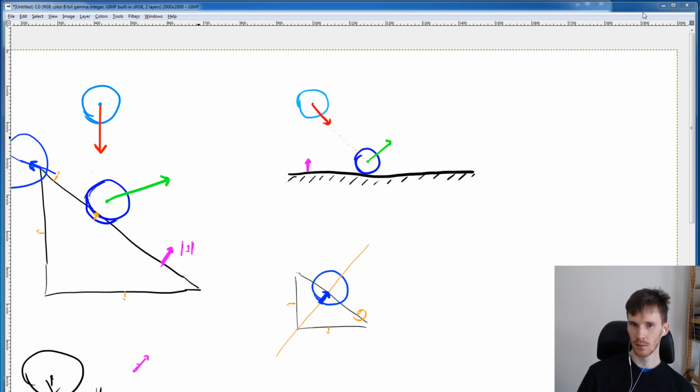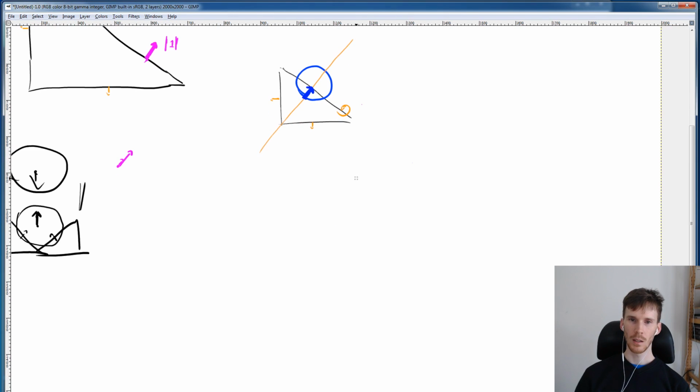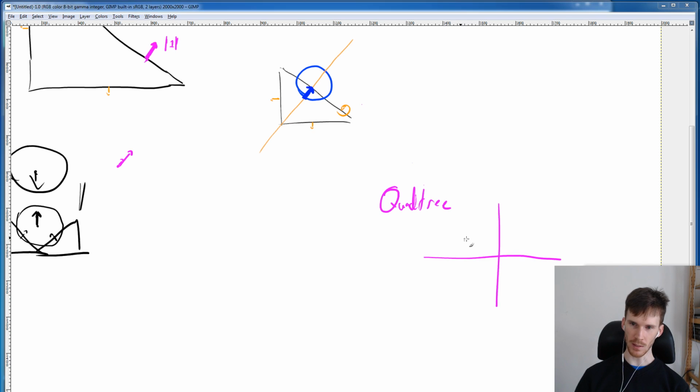What did you call that term before? I just said quad tree, which is just one way to do it, but there was a term you used for separating the world into pieces and only checking things in the relevant spot. So quad tree is basically that: we divide the world up, and then we've got more shapes in this section, so we divide this one up, and you can see how this forms a tree.